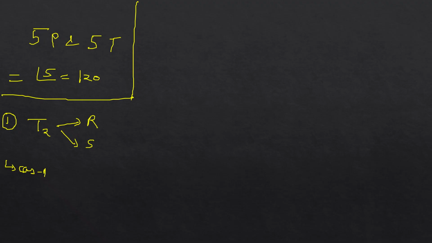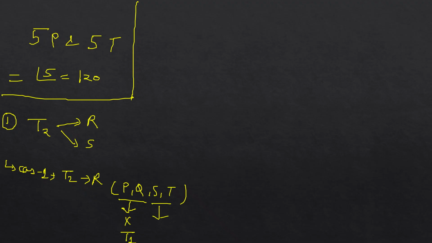Case number 1: task T2 completed by R. So who will remain? P, Q, S, T. 4 persons remaining. And the second restriction: P and Q cannot do task number 1.